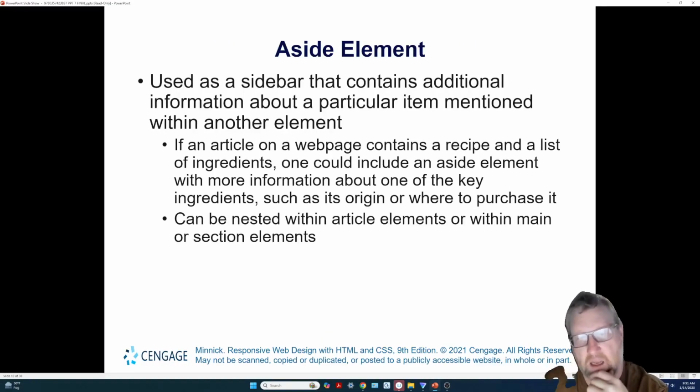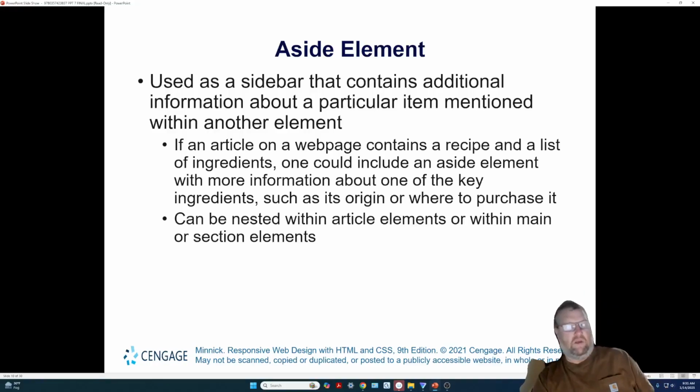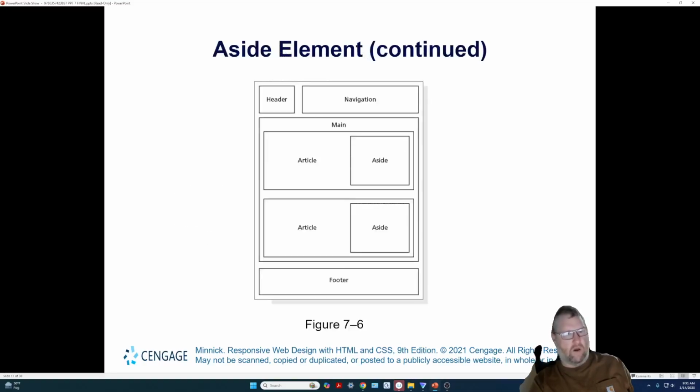Now the aside element is where we could put an article and then have an aside, something that's next to it. And it could be something as simple as something that adds more depth to the article itself.